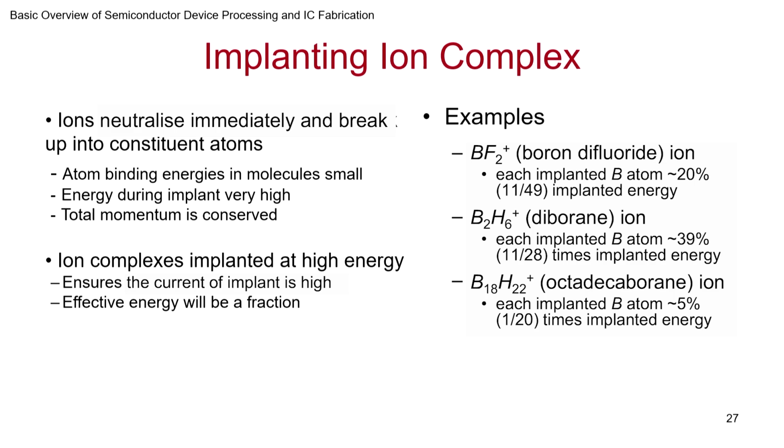Some people have been very ambitious and have used octadecaborane, B18H22, octadeca being 18. That means 1/20th of the energy you are imparting goes to the ion of interest. What happens to hydrogen and fluorine? They just go away, and even if they remain, they are benign and will not play any role. So this is a smart way of tackling the shallow implant question.